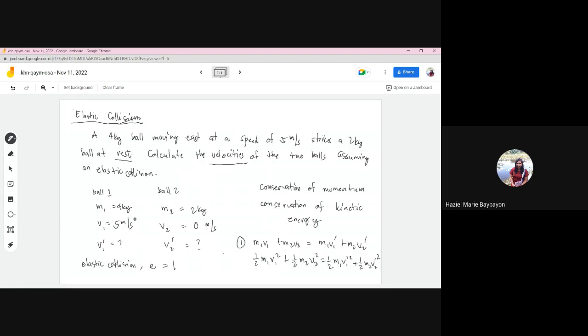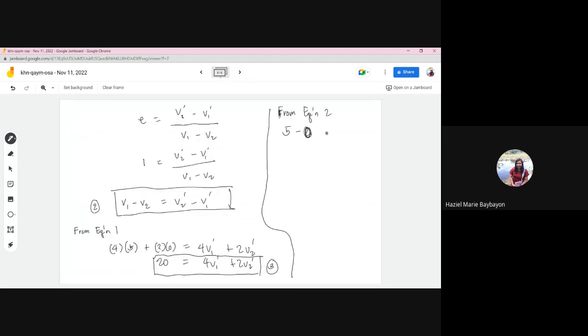V1, 5, minus V2, 0, equals V2' minus V1'. So 5 equals V2' minus V1'. Or we can transfer this to the other side so that we have 5 plus V1' equals V2'. Okay, so we have our equation 4.